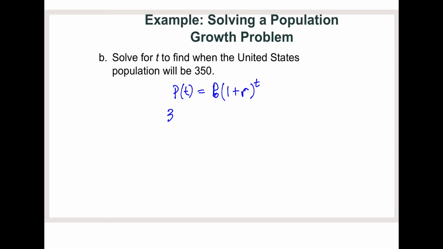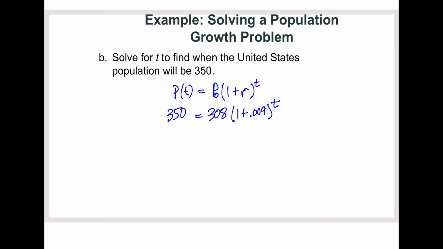And we're given 350 as my answer, right? So we're going to start off, again, we're assuming this starts in the year 2010. Our rate of growth, assuming it's the same, 0.009.